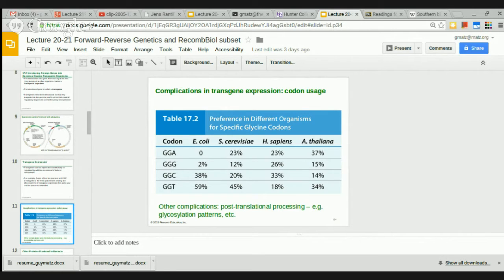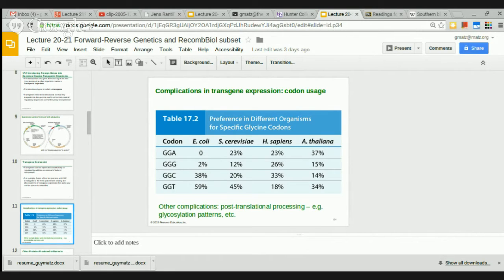So you see, for example, whereas in bacteria this codon is used a lot, it's used very little in humans. So in general, there is not as much tRNA available for that particular codon. So you want to modify your gene so that it will work in whatever recipient you're going to use it.